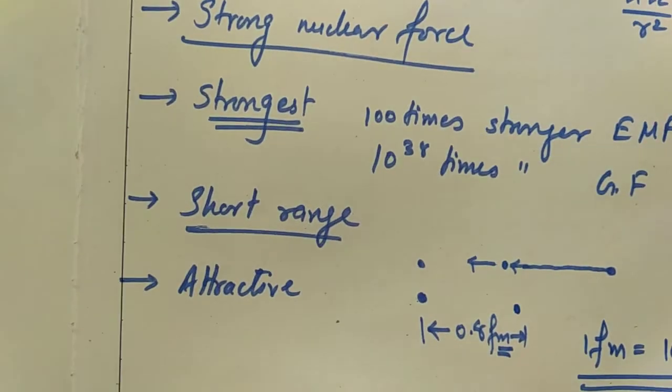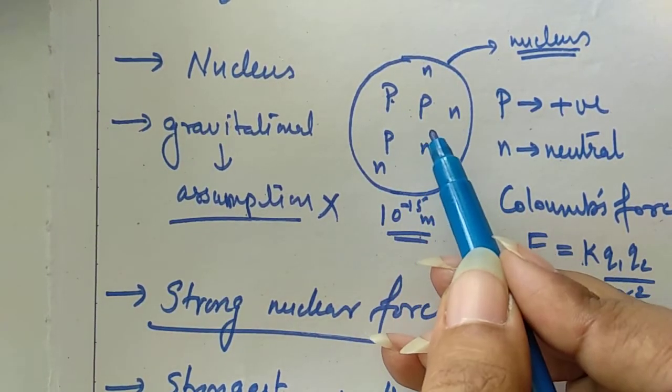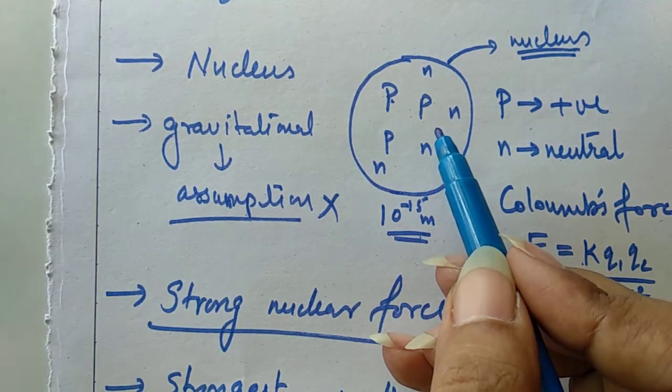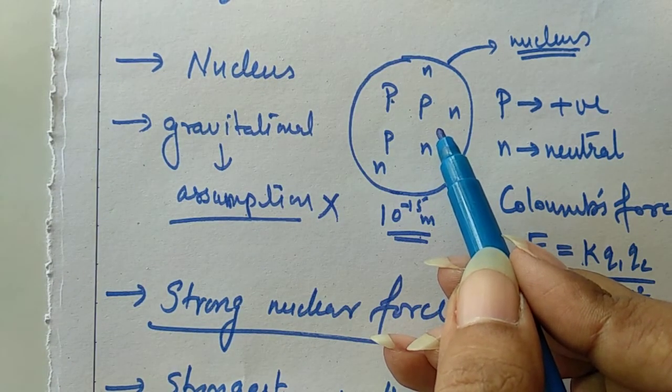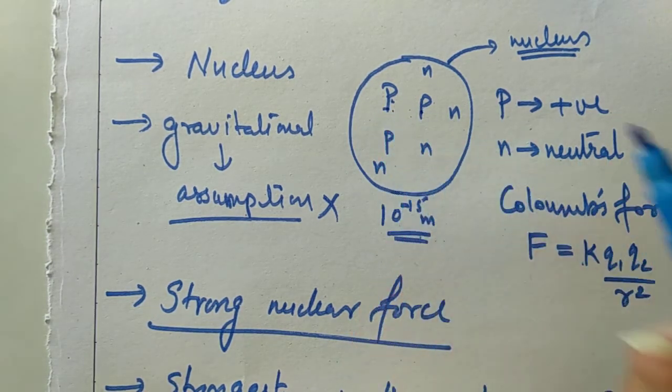So remember this conversion. To reduce the distance between these nucleons up to 0.8 Fermi is difficult, and that's why we can say that the strong nuclear force will always remain attractive in nature, because the distance between these two protons will not reduce more than 0.8 Fermi, so it will not become repulsive.